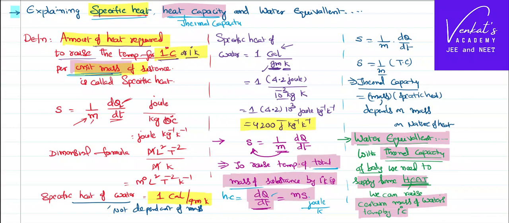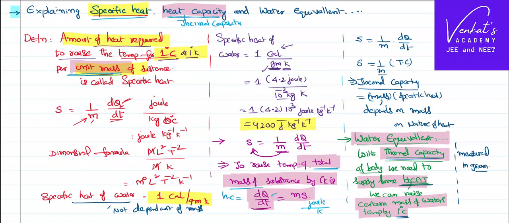So water equivalent is simply a certain mass of water whose temperature can be raised by 1 degree centigrade using a heat equivalent to the thermal capacity of that body. So that's the water equivalent of that body. It is measured in grams.